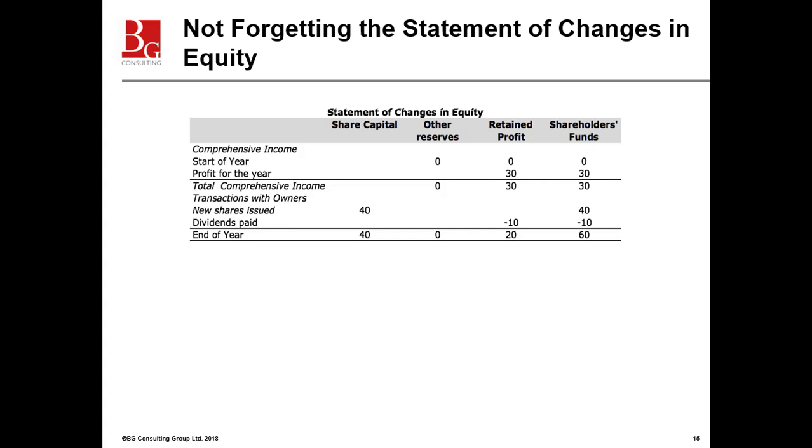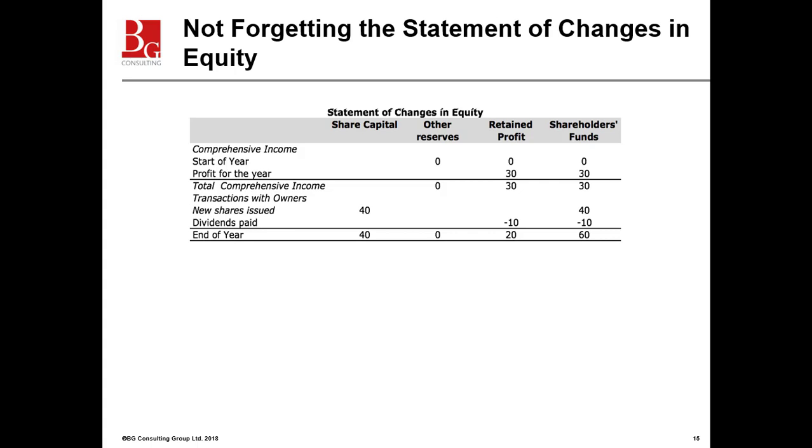Finally, don't forget about the statement of changes in equity. This statement shows us for all of the accounts within shareholders' equity, how have they changed over the year. So you can see the very first row there is amounts at the start of the year, which for this company, because it was new, are all 0.